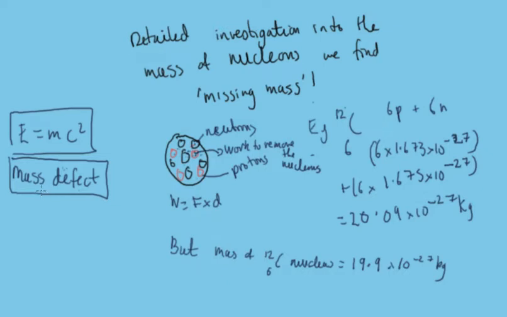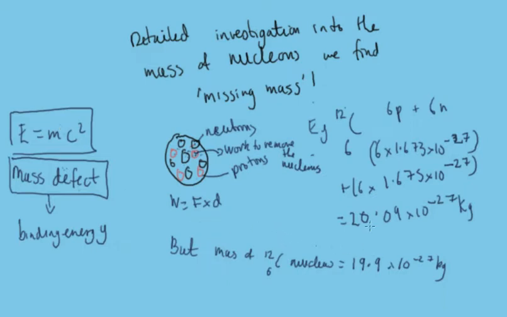So this mass deficit is what goes in to make the binding energy. The binding energy for any isotope of an element is calculated using E equals mc squared.